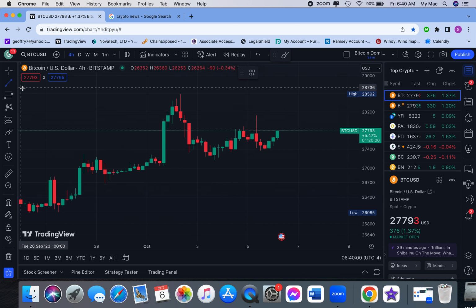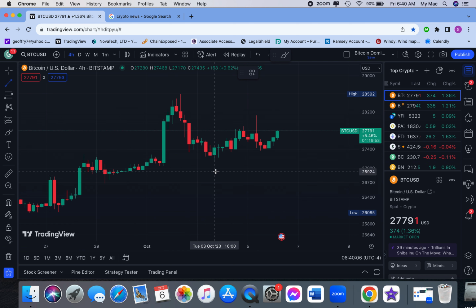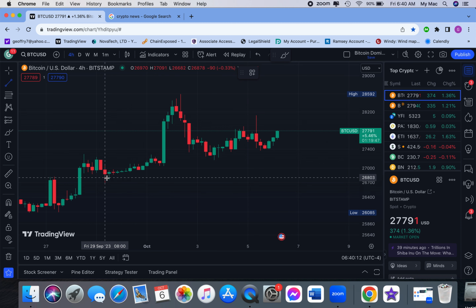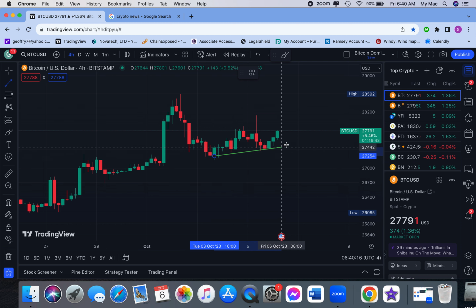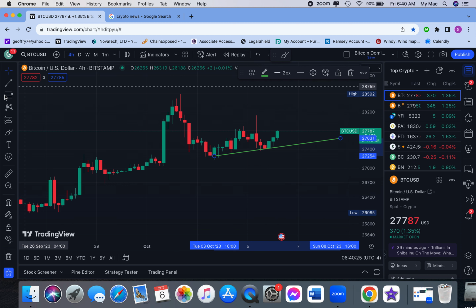Now we can take this and we can draw little lines on the chart like we had talked about earlier. So on the 4-hour chart here, we have a trend line that we can draw. We can kind of draw it from, we'll start it right here because this is the important part. And if we draw our trend line from the bottoms of the candle, we've got something like this.